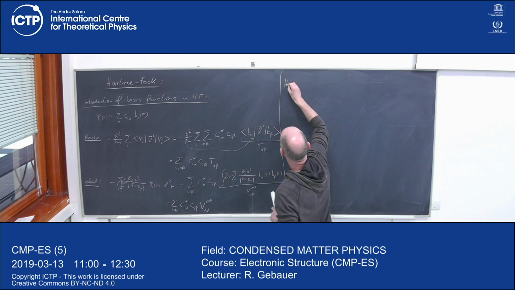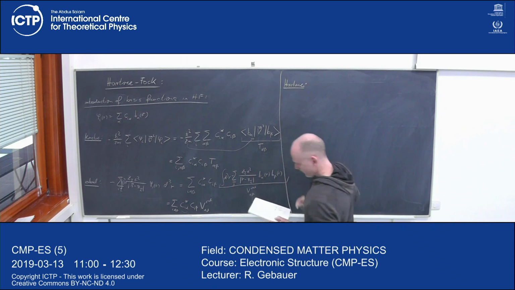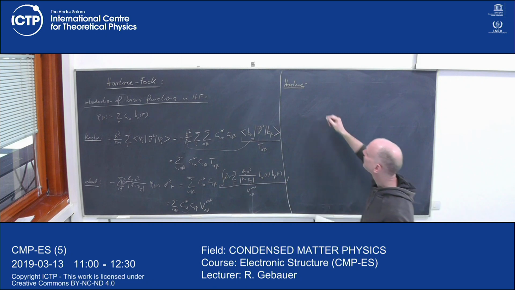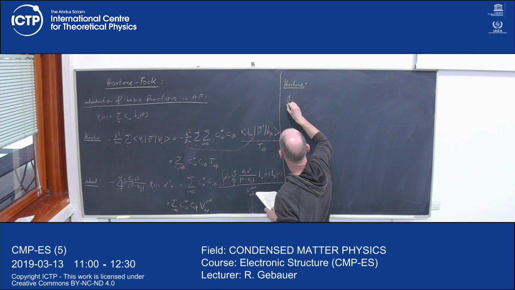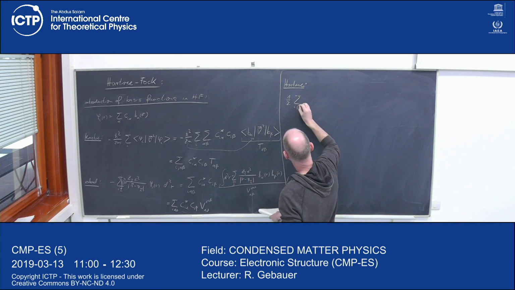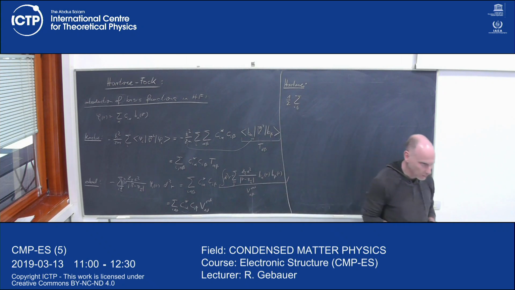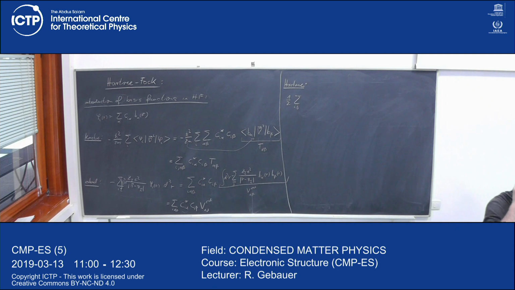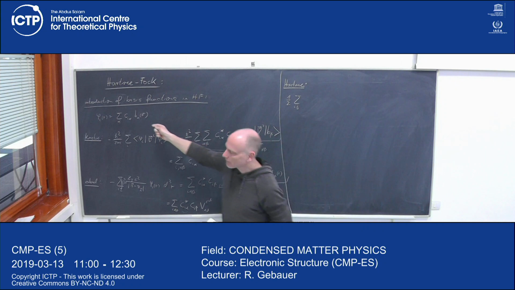So the Hartree energy will be 1/2 with a sum over all i and j. I can obviously now not write in terms of the density because I expand the orbitals in terms of the basis function.